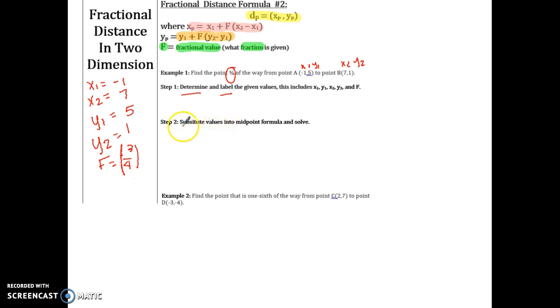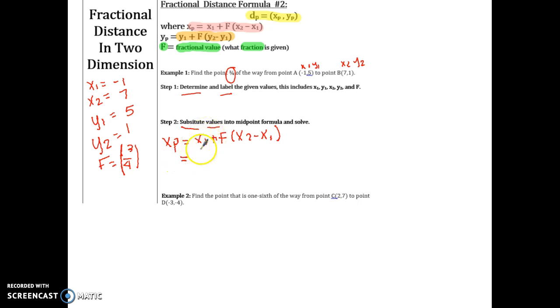All right, so step 2 is substitute values into the formula above and solve. So we're going to use this exact same one. So we will say xp equals x1 plus f times (x2 minus x1). So that's a plus right there.